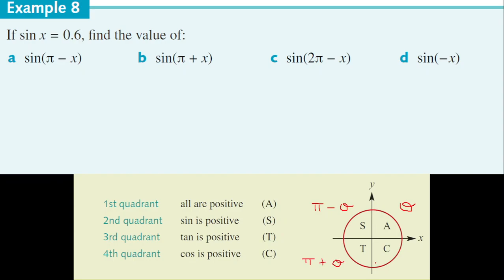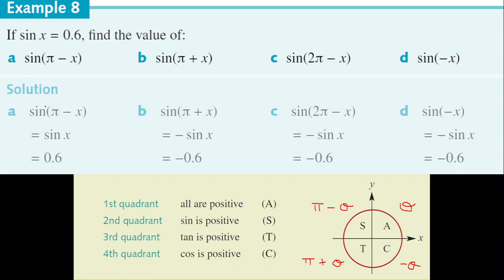And in the fourth quadrant, it's either 2 pi minus theta or just a negative angle. It could also be a 2 pi in here, or a multiple of 2 pi. And what you do is you bring it back to the first quadrant.